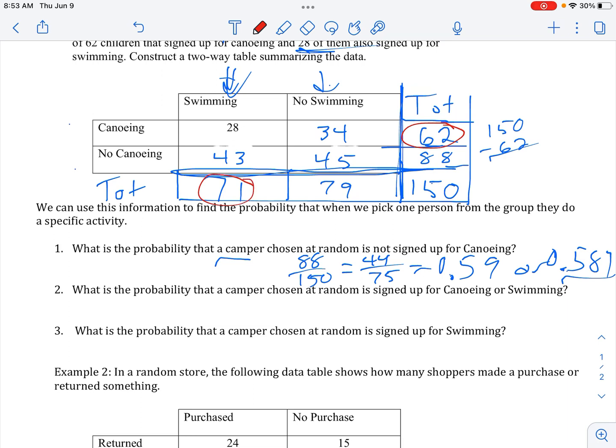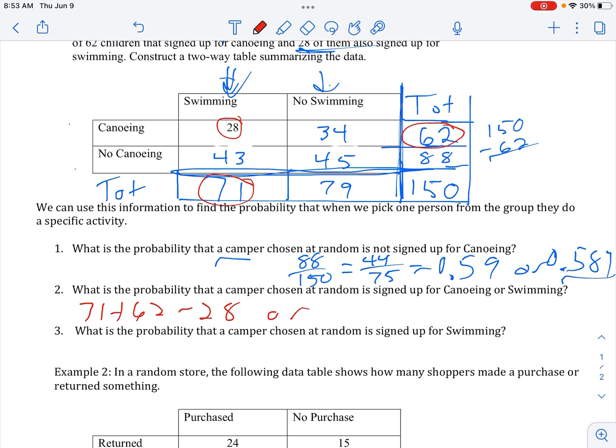71. But we have to be careful because 28 of the canoers are also swimmers or vice versa, and so we're accidentally counting them twice. So there's ways around that. Either you get the total of 71 plus 62, and then you just take away 28.